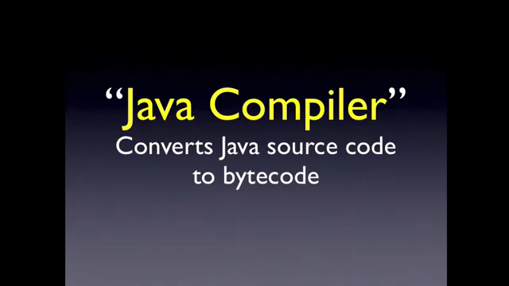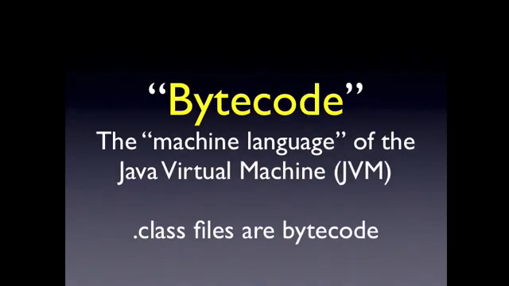We have to talk a little bit about these terms, but we're taking human-readable Java and we want to convert it into something that the machine can execute. Now, there's a slightly odd thing that I mentioned last week about Java, and it deals with this intermediate step of compilation called bytecode. The machine language of the Java virtual machine is called bytecode.